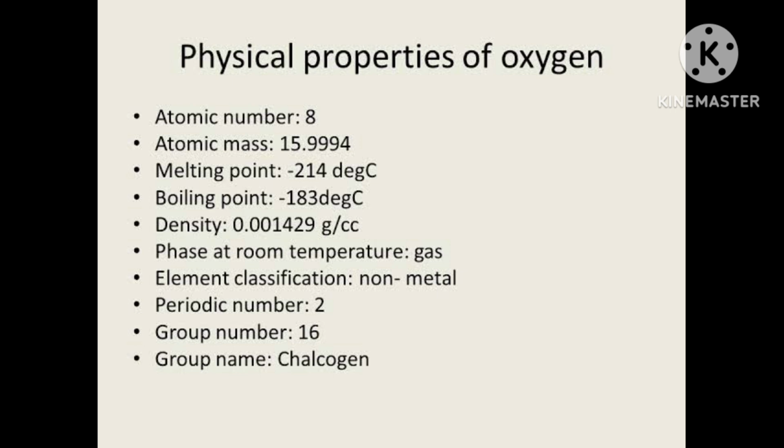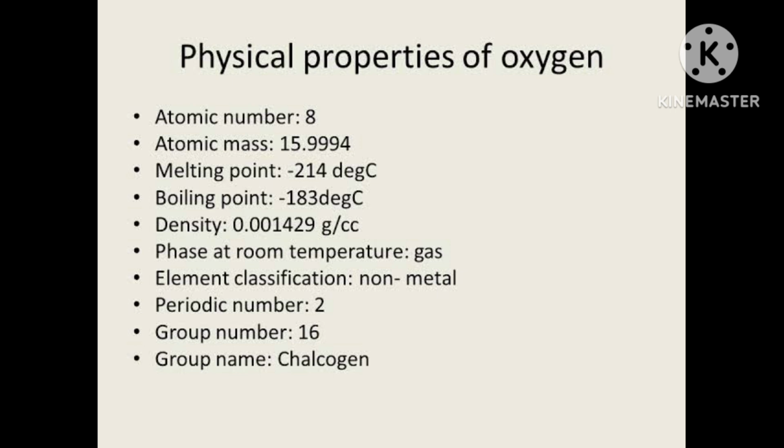First I am telling of heating of potassium chlorate, KClO3. Potassium chlorate, when it is heated in the presence of MnO2, manganese dioxide, it gives potassium chloride and oxygen gas.